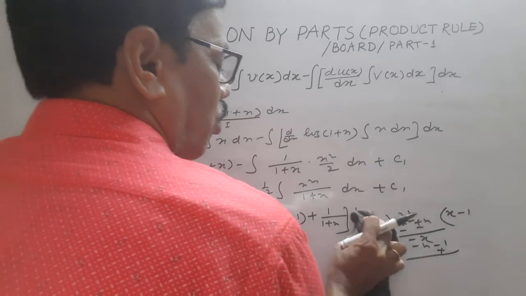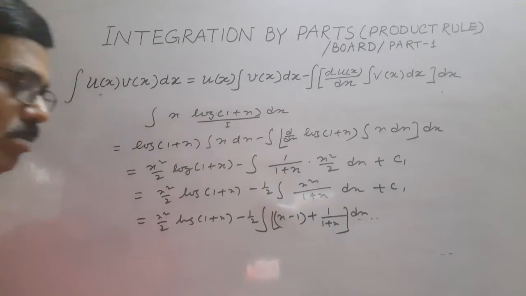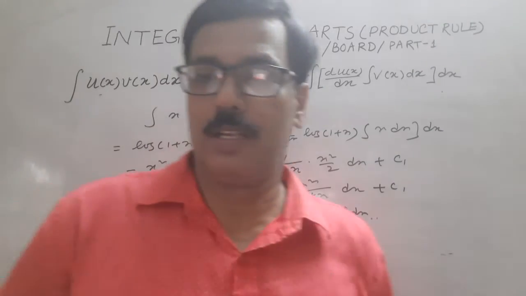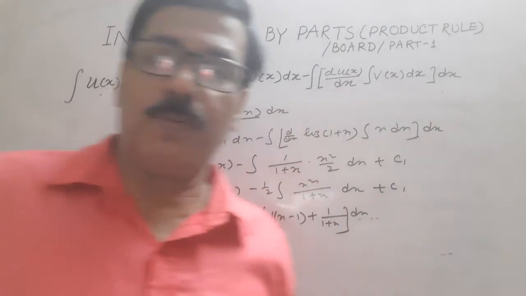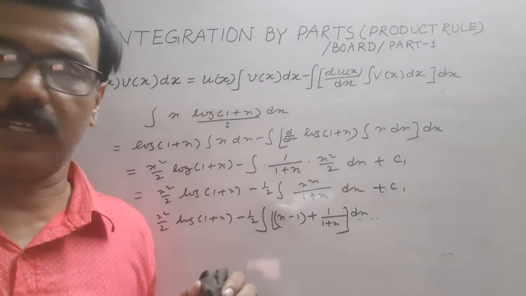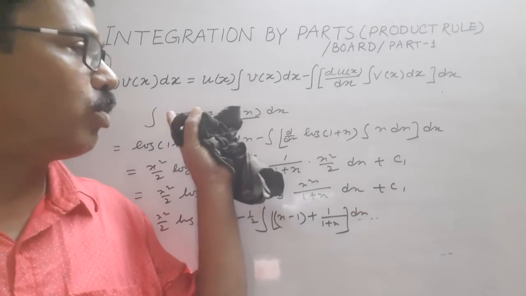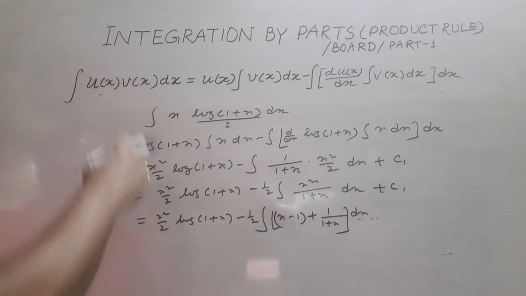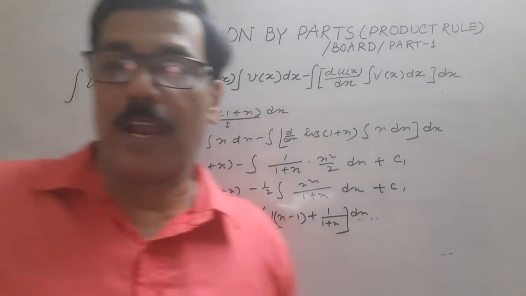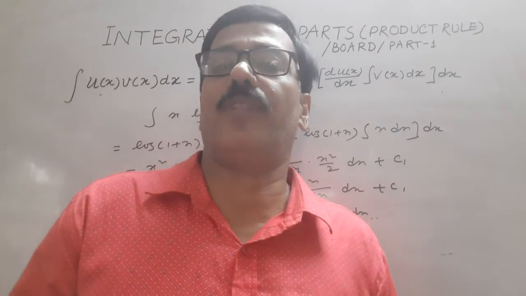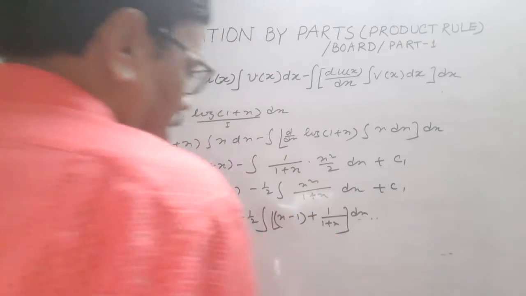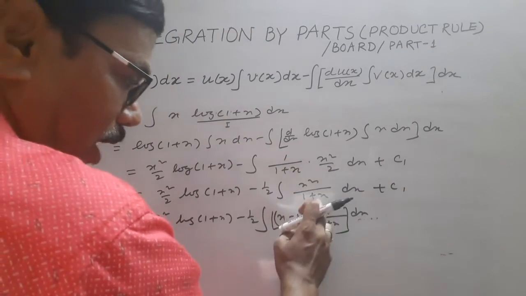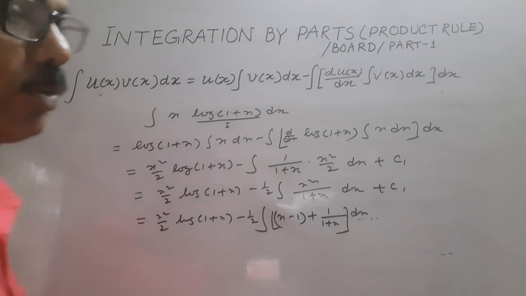So we have already solved different types of integration, and now we are finding integration by parts at the last step. That is why we have no problem. We can integrate x square by 1 plus x by division method.